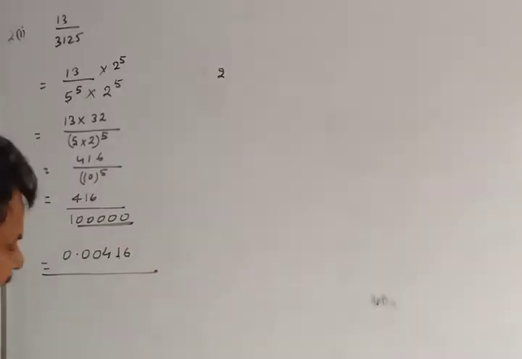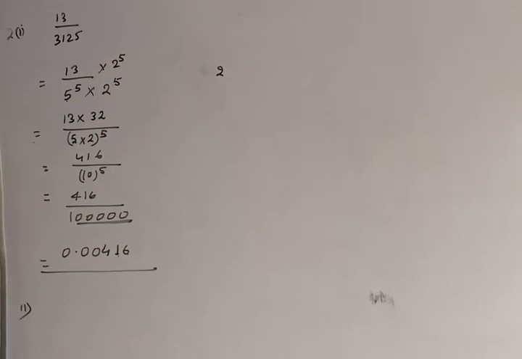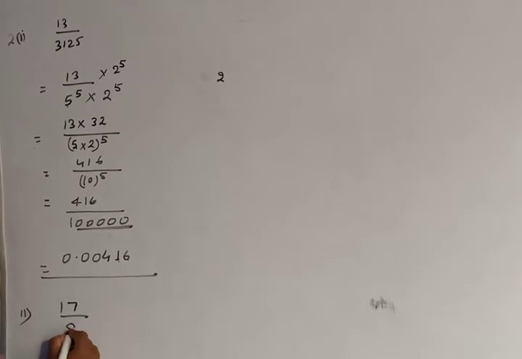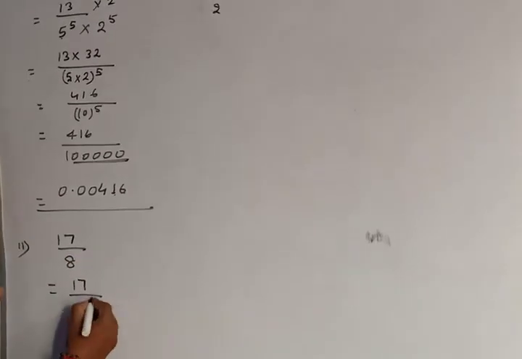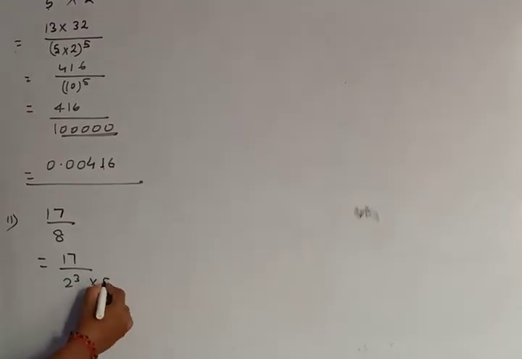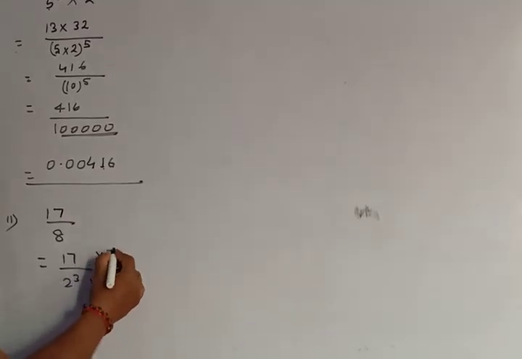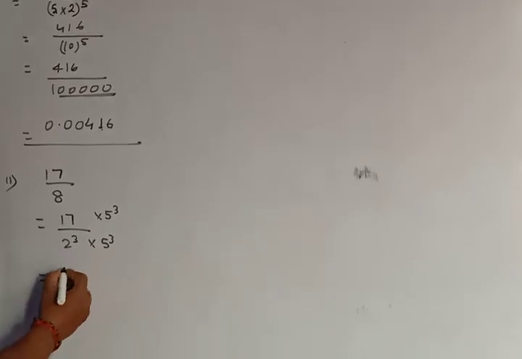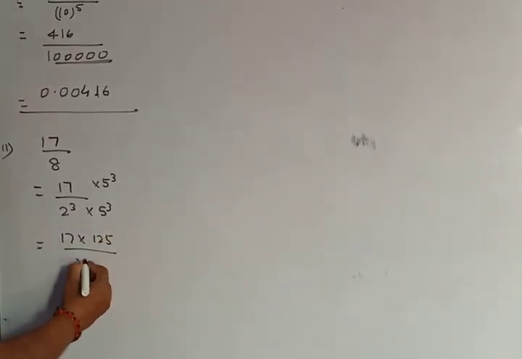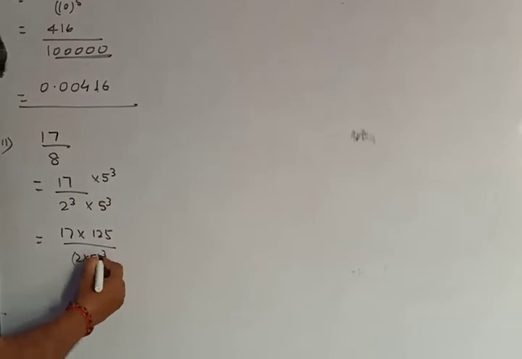Next, the second one. It was also terminating, because in the first question we have already decided which one is terminating and non-terminating. The second one is 17 by 8. You can write 17 by 2 to the power 3. Here 5 is required to make it a power of 10. You have to multiply by 5 to the power 3 in numerator and denominator. It becomes 17 into the cube of 5, and the denominator becomes 2 into 5 to the power 3.